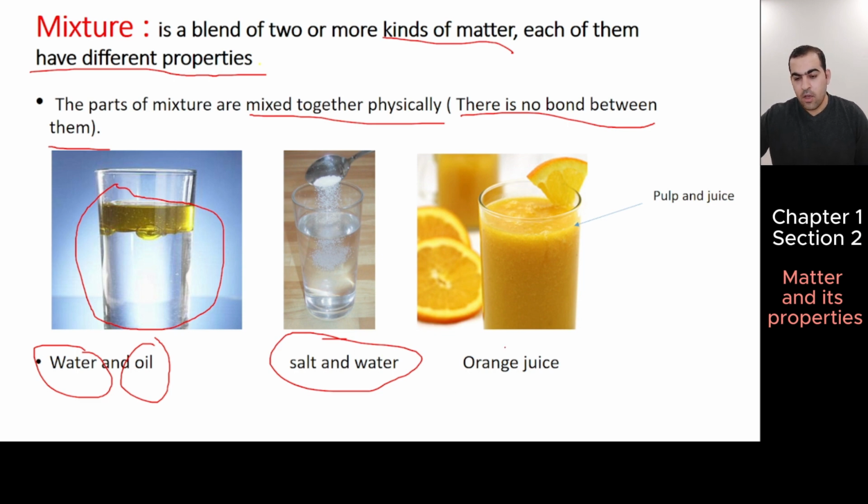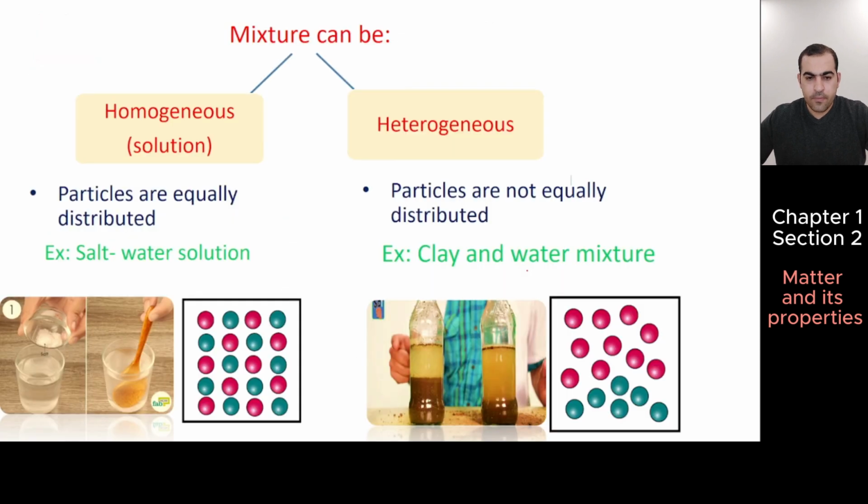Orange juice is also a mixture: the pulp on the top and the juice. So these are mixtures. A mixture can be homogeneous or heterogeneous. A homogeneous mixture we call a solution. If we say solution, we mean a homogeneous mixture. The particles of the materials you have mixed are equally distributed, like a saltwater solution.